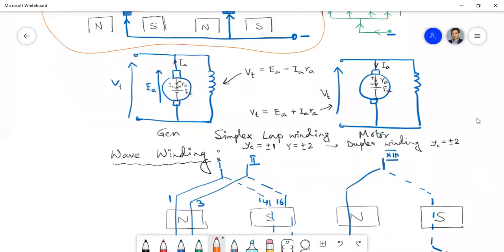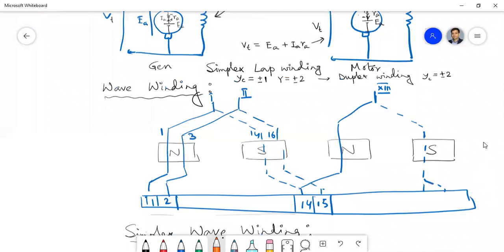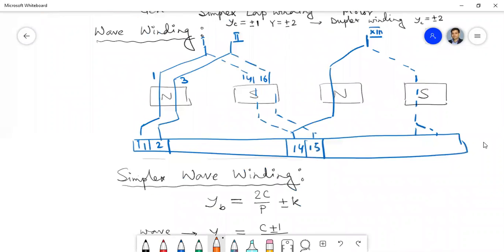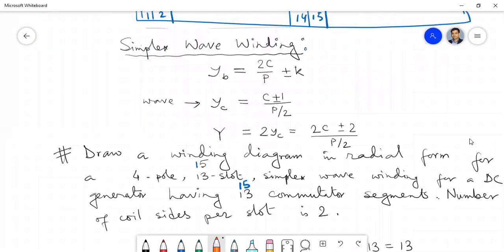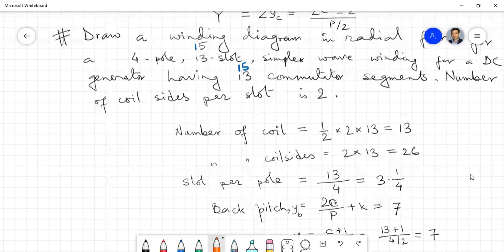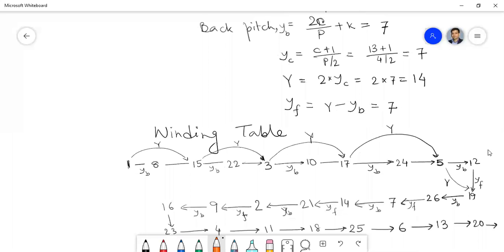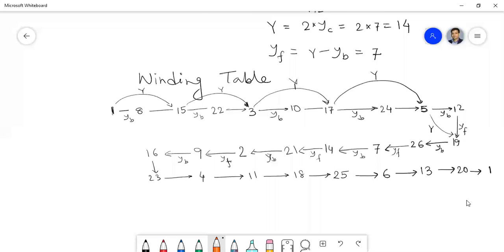First one is the winding table, second one is the radial diagram, and the third one is the derived winding diagram, you can say. These three things you can submit in the next class.